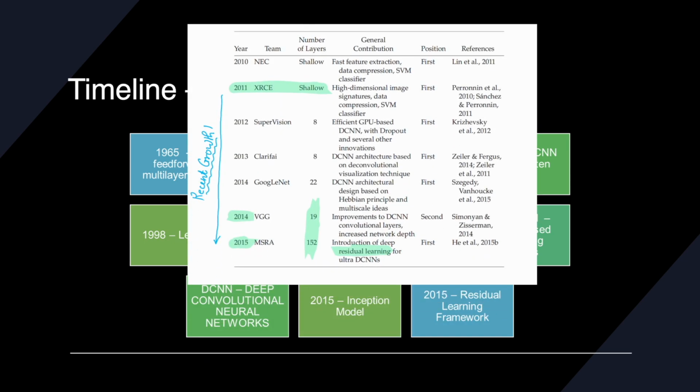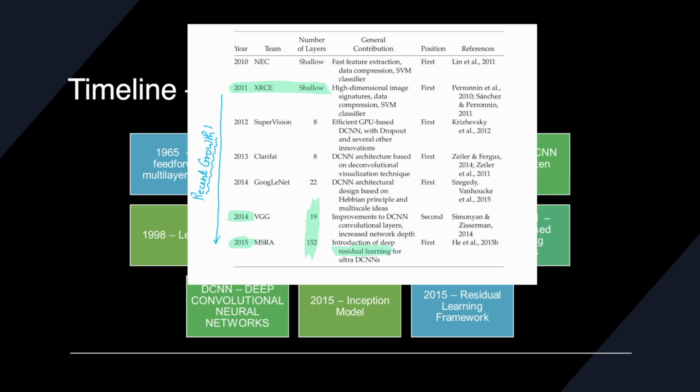So here we have a list of neural network models that were used and considered best by their standards at that time. And we observed that by 2010, the neural networks were just shallow. And only in 2012, deep neural networks were appearing, and that too with just 8 layers.